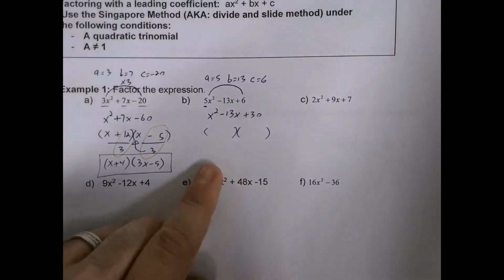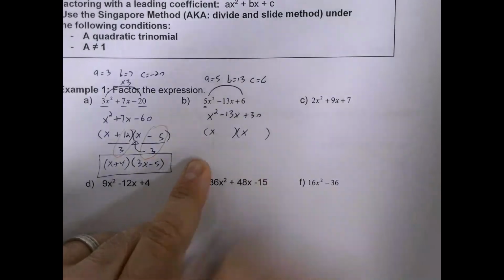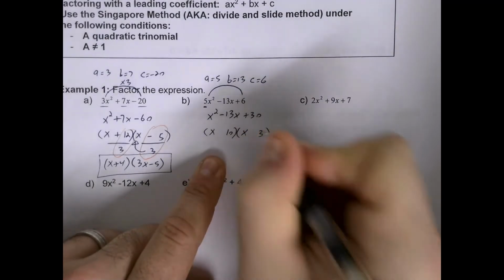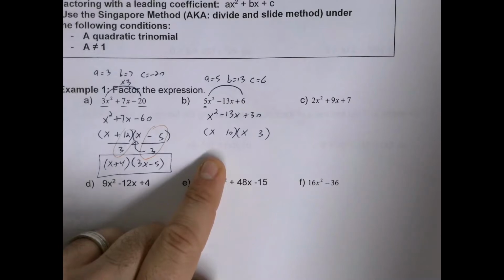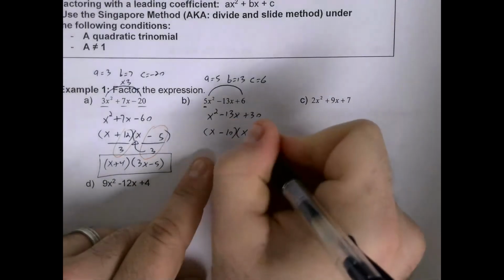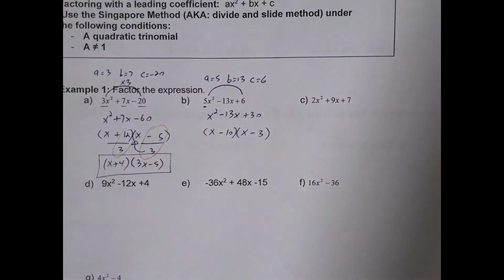All right? So you got x and x. Let's try the 10 and 3 first. So let's say we had 10 and 3 right here. What's the only way to get a negative 13? Minus. And then what you got to ask yourself is, if this is the magic set of factors, it has to FOIL back to what it started to, and it does.